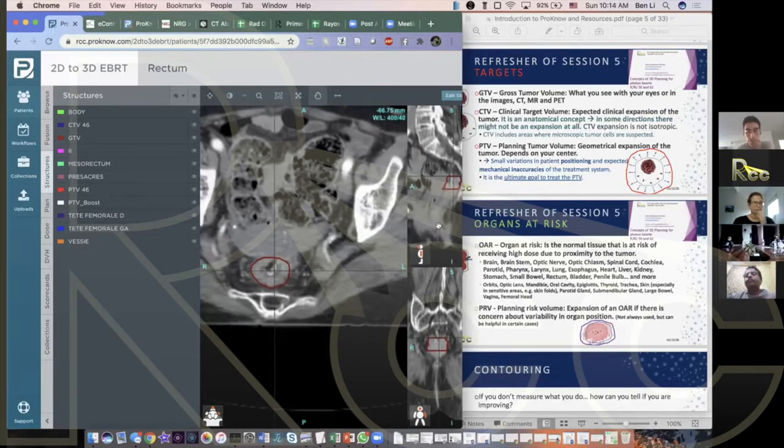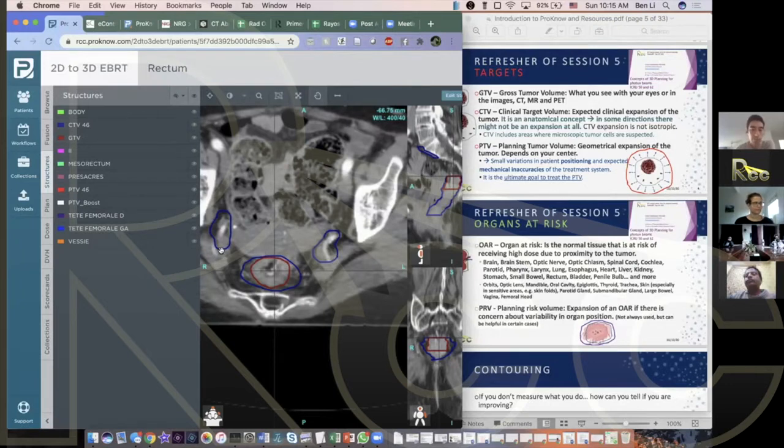This is the GTV. Next, we have the CTV, which is the clinical target volume. And you can see that it includes space around the GTV, where we think there could be microscopic spread of disease, as well as the lymph nodes, which we think are at risk of harboring a microscopic tumor.